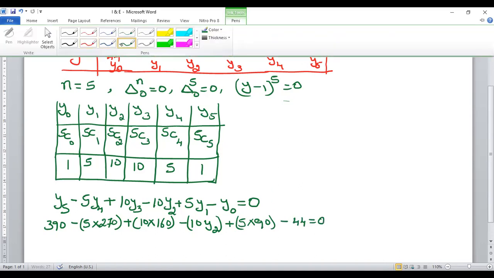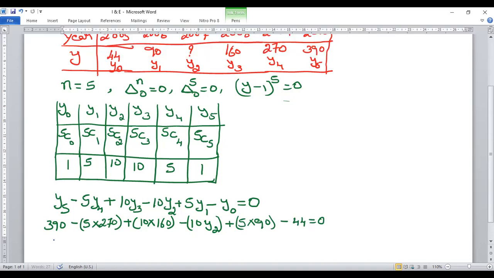Next, 390 minus 5 into 270. The multiplied value is 1350, plus 10 into 160 is 1600, minus 10y2, plus 5 into 90 is 450, minus 44 is equal to 0.